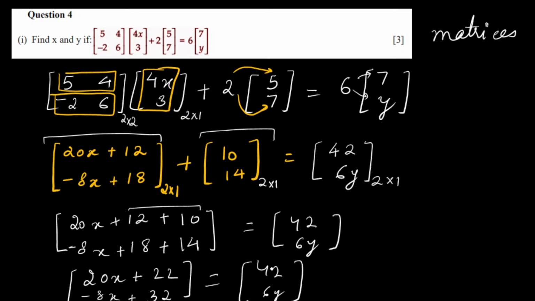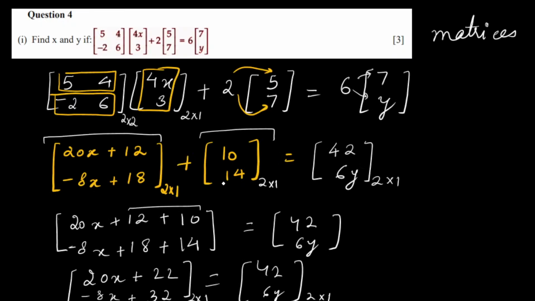Okay, so now we can do equality of matrices because on both sides we have one matrix. Order is 2 into 1. So we can equate the elements and we can find the value of x and y. What we did, we just simplified. On the left hand side we had three matrices, we converted that into a single matrix and now we can use the equality of matrices and find the value of x and y.